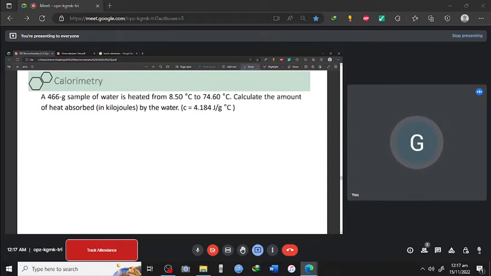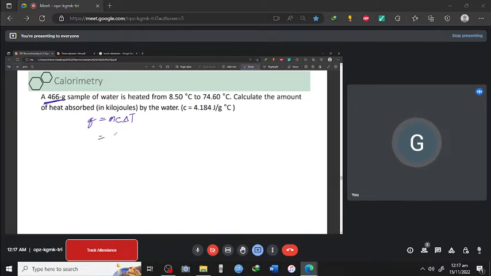Kasi if you're going to look at the problem, binigay sa atin yung mass. Okay? So, because meron tayong given na mass, then we need to consider that mass in our calculation. So, ang formula lang natin na gagamitin is yung equation 1, which is heat is equal to mass times specific heat times change in temperature. Okay? Very straightforward lang yung formula natin, no?